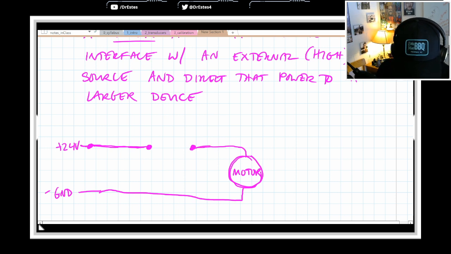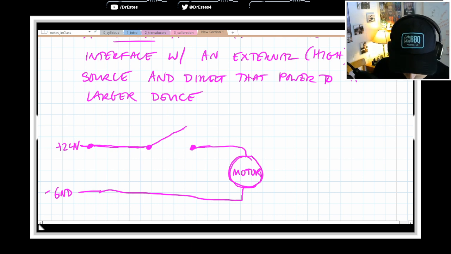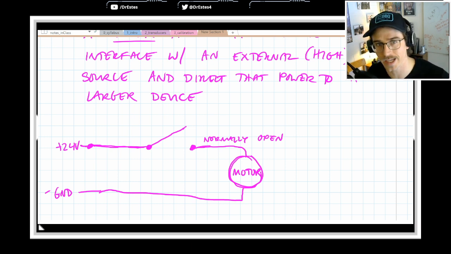Okay, so let's put a little latch here. And when it closes, it would close this circuit. So this channel over here, we'll call it normally open. And this is going to be relevant to a relay. A relay has a normally open channel labeled on it.